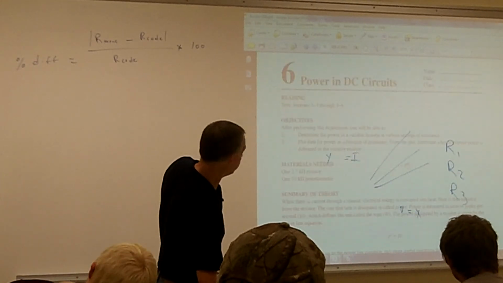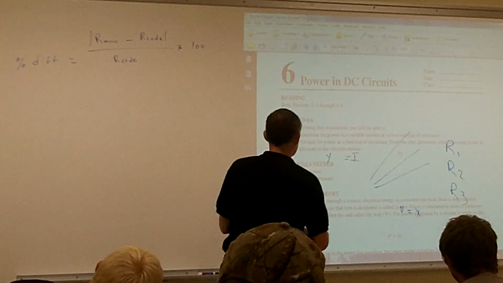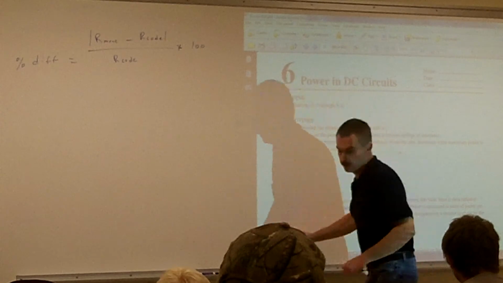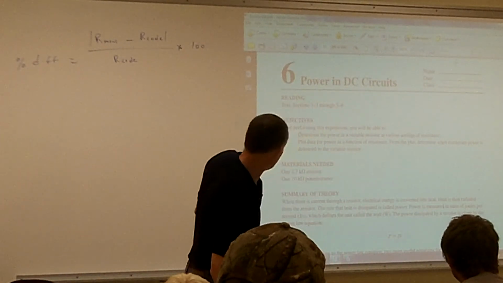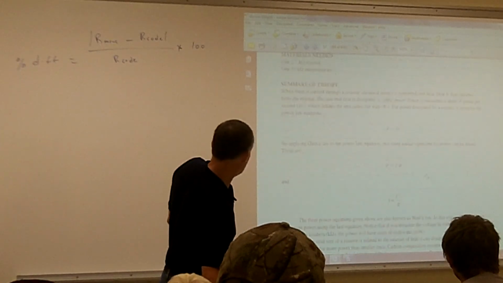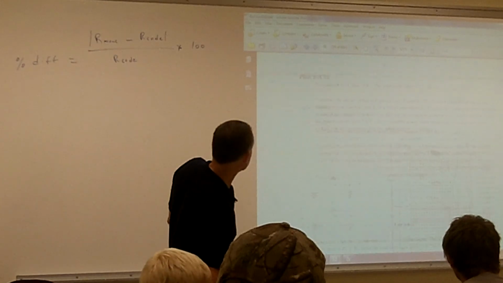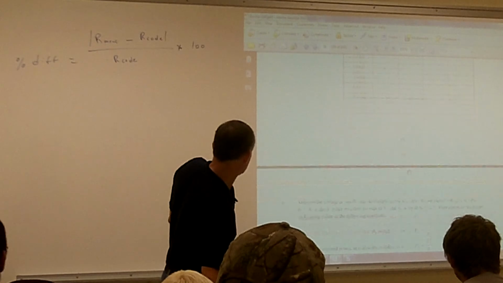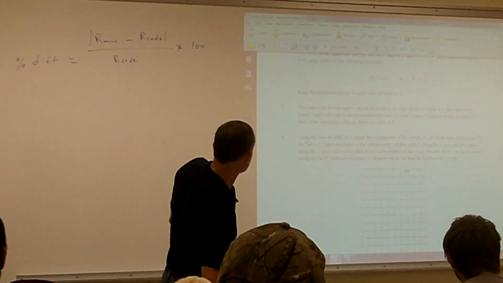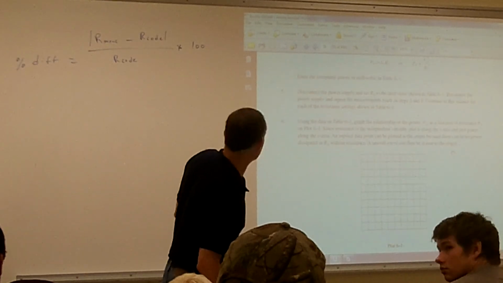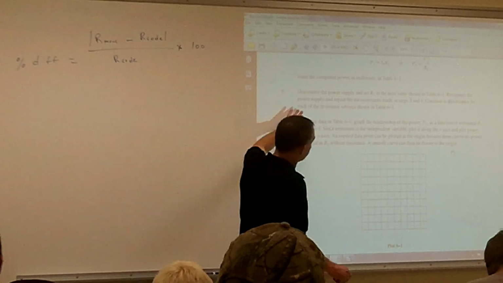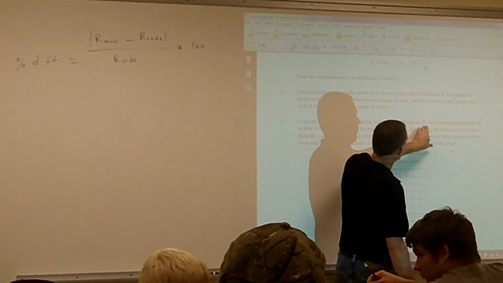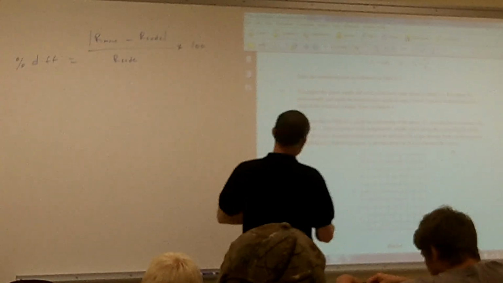Alright, number 6. This one gets to be a little bit more complicated. I don't want to show you what the graphs look like, because I want you to do that. So using the data you collect, you're going to graph the relationship of the power P2 as a function of resistance.